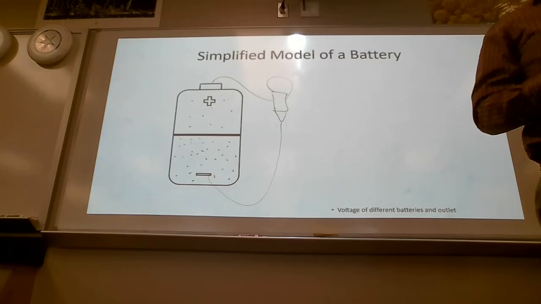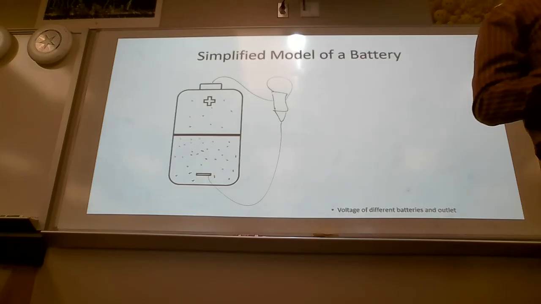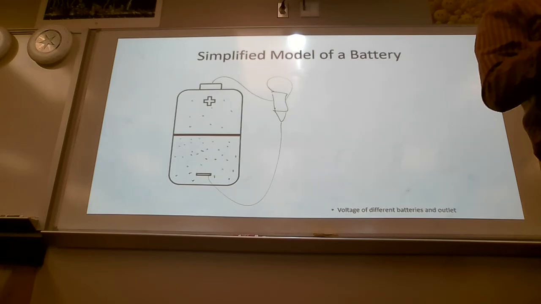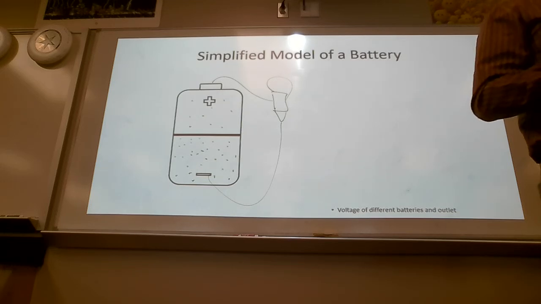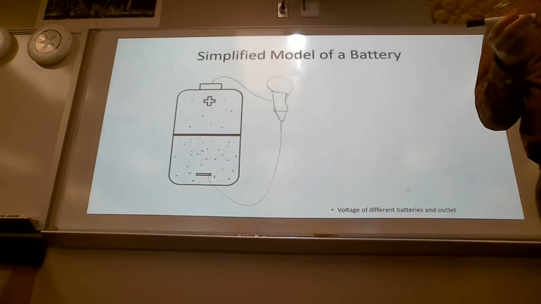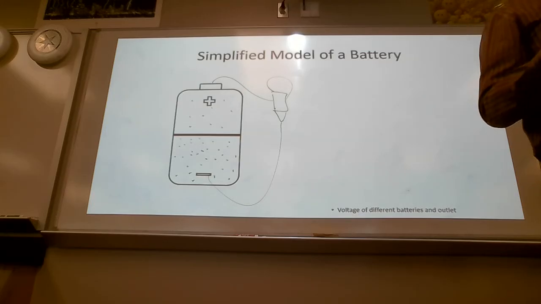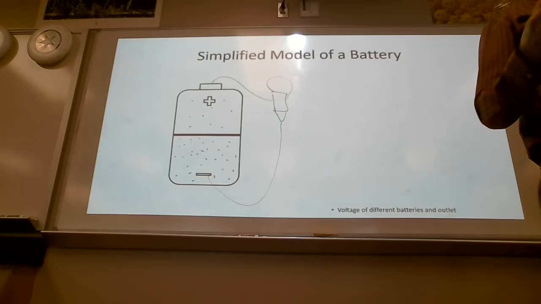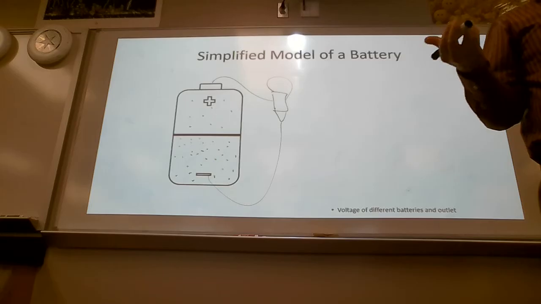Does anybody know what the voltage is on a D-cell battery? 1.5 volts. Anybody know the voltage on a C battery? Also 1.5 volts. Double A, 1.5 volts. Triple A, also 1.5 volts. Why do we have so many different sizes of batteries?